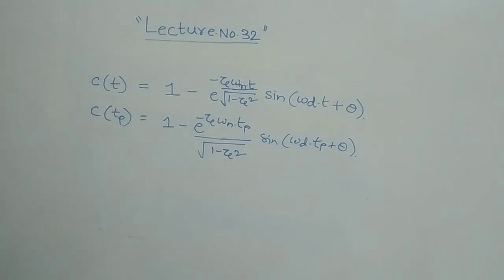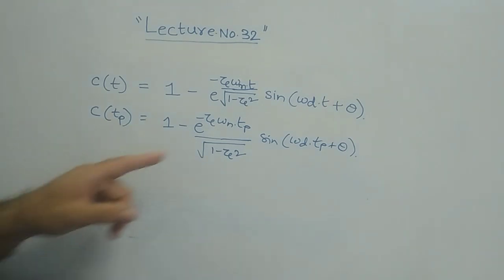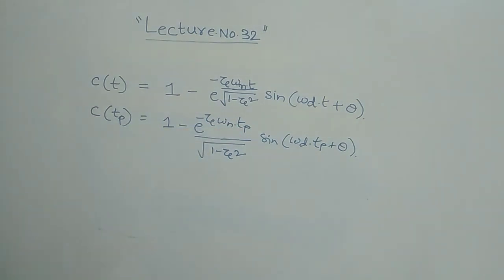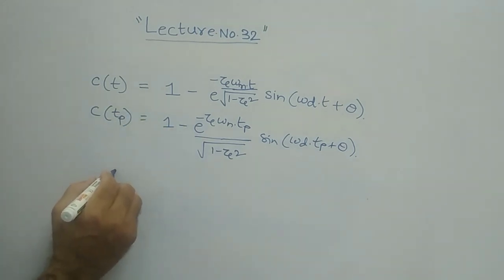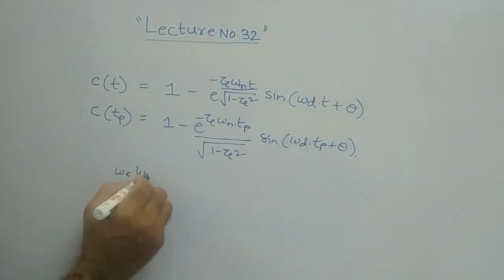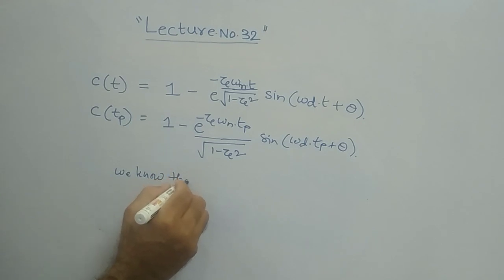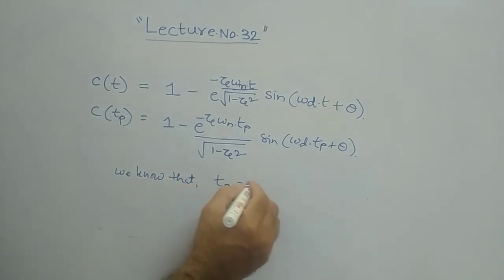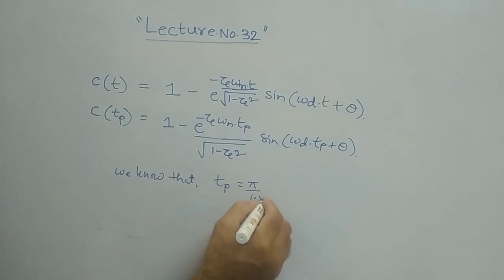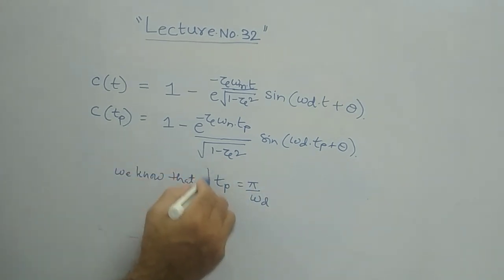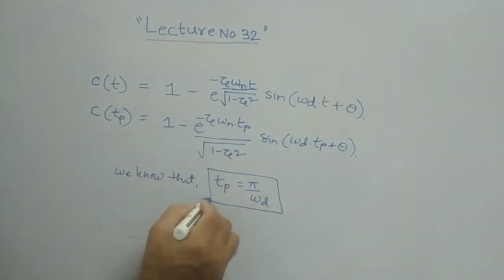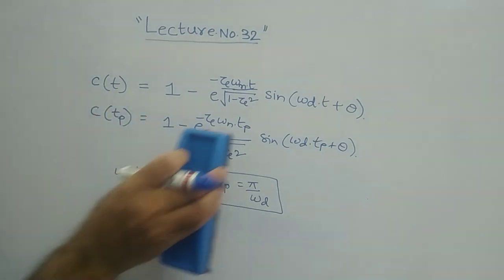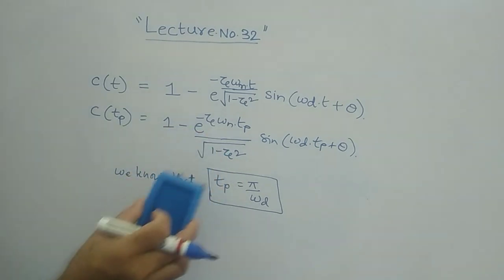We know that Tp is the peak time, and Tp is equal to pi by omega d. We have seen this in our previous presentations. So substitute Tp as pi by omega d.